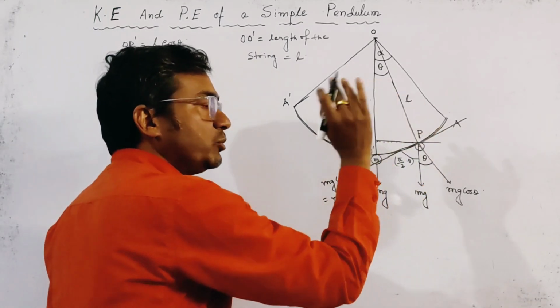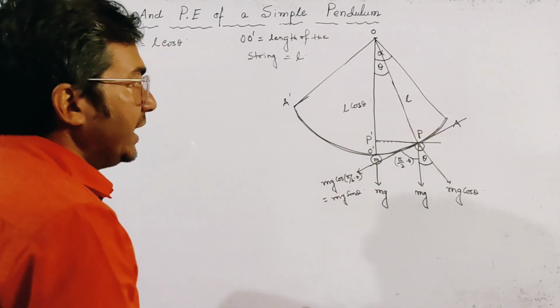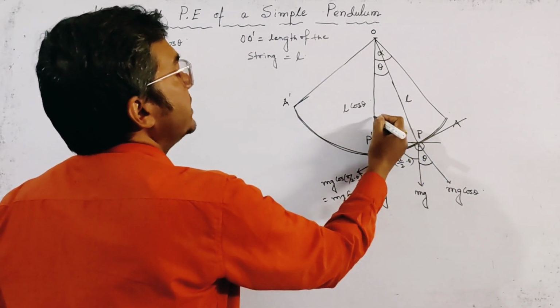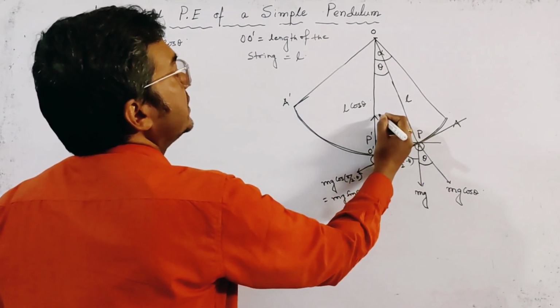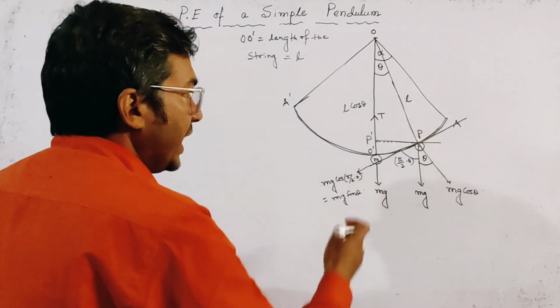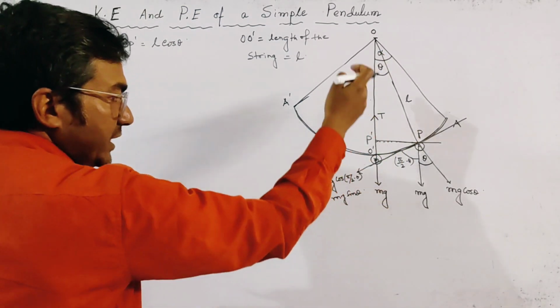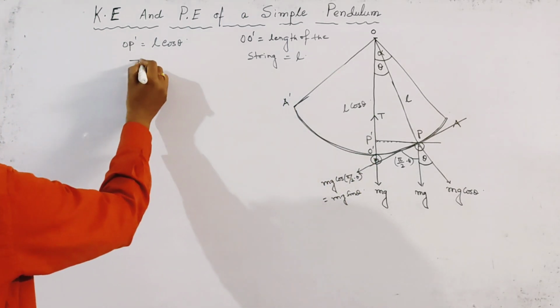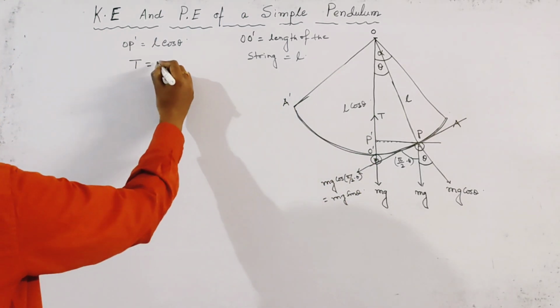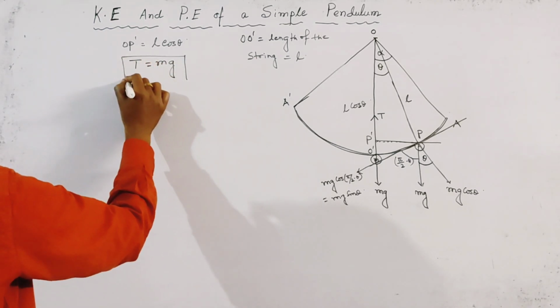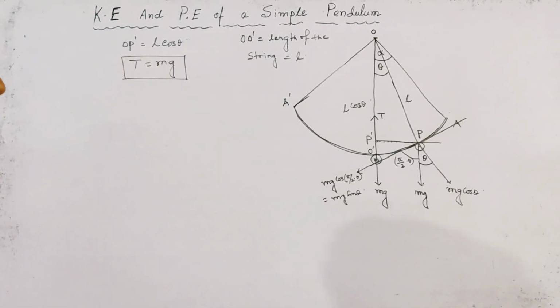Now we consider the motion of the particle at any instant t. Let P be the position of the particle. Another extra point we must mention here is the tension of the string. In the mean position, that is the vertical position, the tension T on the string is equal to the weight of the bob, or weight of the mass.